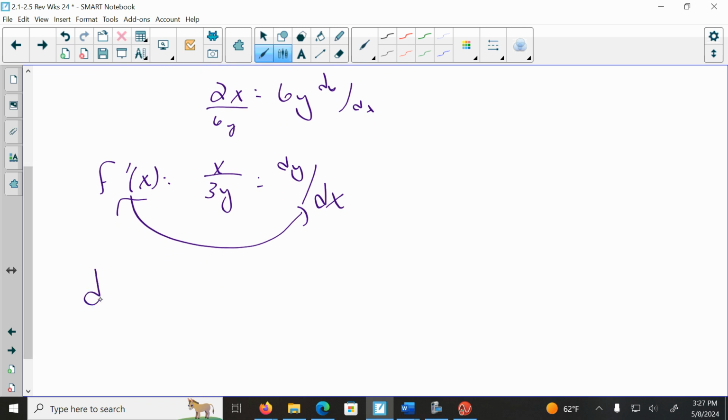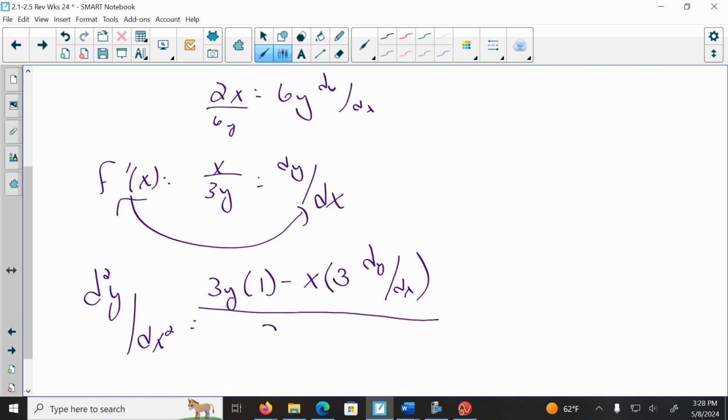To find the second derivative, I'm going to do the quotient rule. So I'm going to leave the denominator alone, take the derivative of x, which is 1, minus the x alone, take the derivative of the denominator, which is going to be 3 dy dx, and I'm going to put this all over my denominator squared.